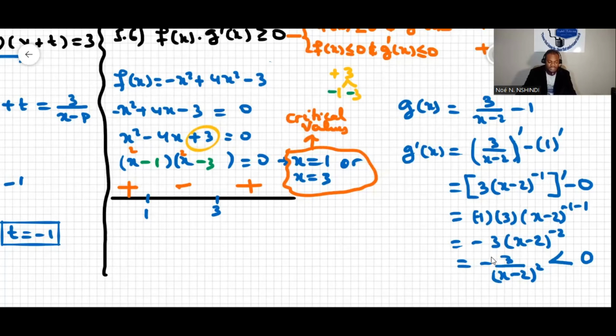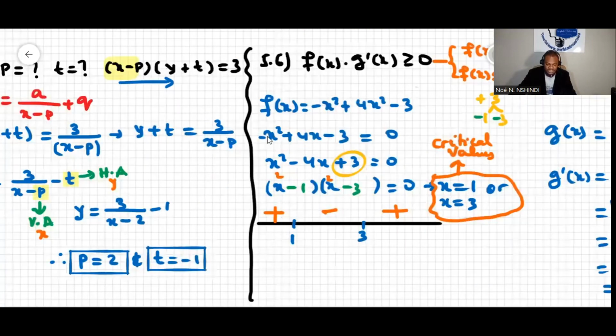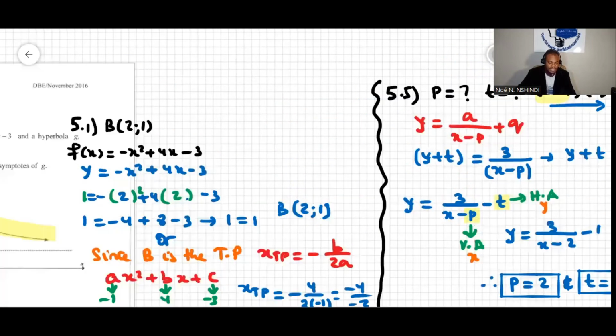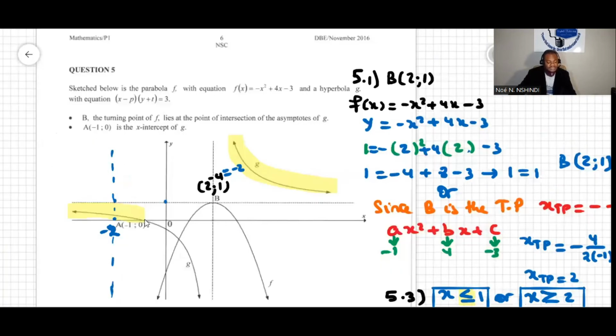Initially, here we times by -1. So we times this function by -1, but the initial equation was not this one, but this one, because here the parabola has a U shape, but over here the parabola has an inverted U shape. In the parabola here, it was negative in this interval.